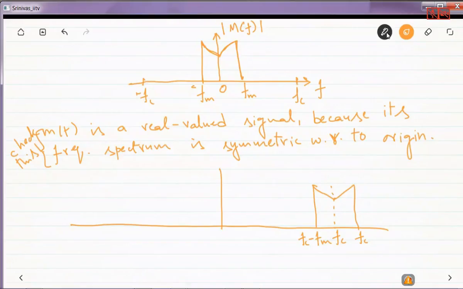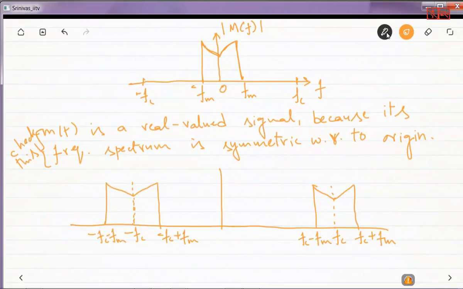Similarly, this is minus fc, this is minus fc plus fm, minus fc minus fm.